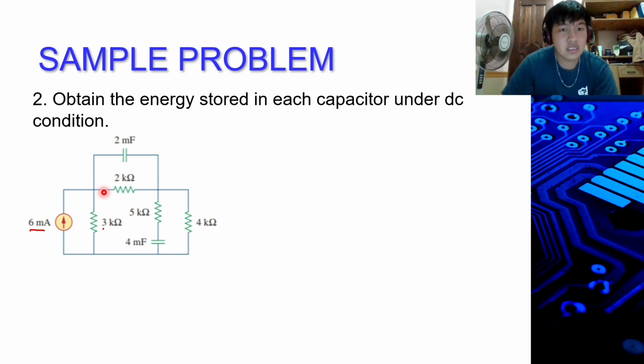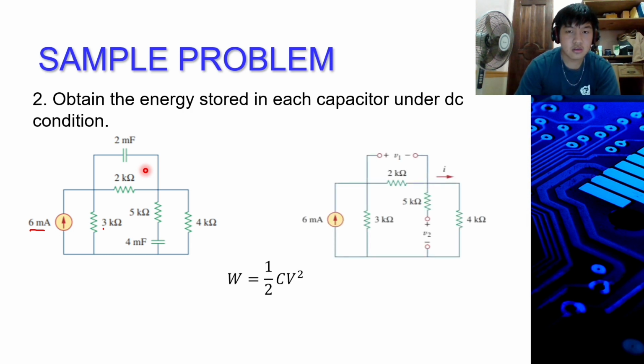To analyze it, the circuit is under DC condition, so we redo the circuit, since a capacitor is said to be an open circuit in DC. Now we have the voltages V1 and V2, and since we need the energy, we will use the energy formula.